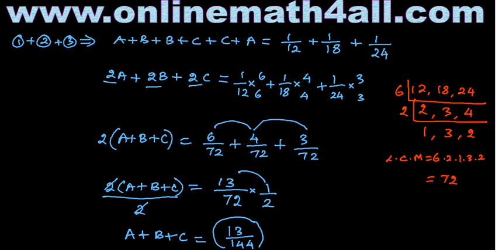Students, please listen to me carefully. I got this result by adding parts of the work completed in one day. So the result also will say the part of the work completed in one day by A, B and C. Please give me a moment. I'll do the remaining steps on the next page. Okay.